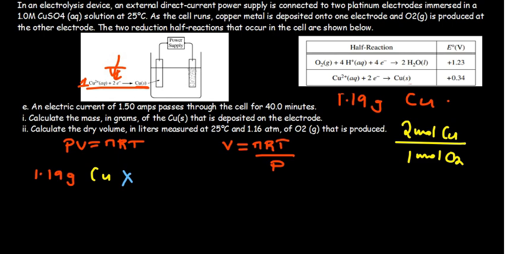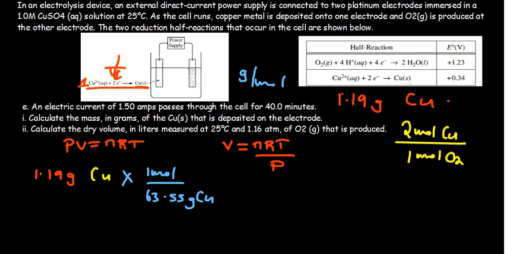Remember the units for molar mass is grams per mole. So 1 mole per every 63.55 grams of copper. That is just to show the cancellation of the units, or in other terms, we are dividing the mass by the molar mass to get the number of moles. So this first calculation will give us the number of moles of copper.